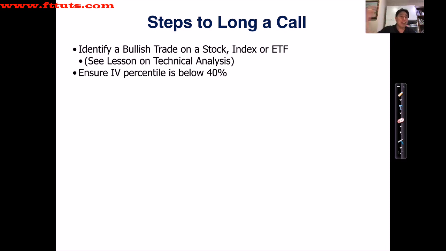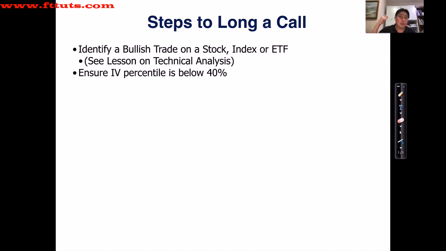Because once you buy the option and the volatility drops, your premium for your call could also drop as well. So that's why you should stick to buying only when IV percentile is below 40%. Unless you're really confident that the stock is going to rise up really quickly, and then you take the trade even if IV percentile is high.